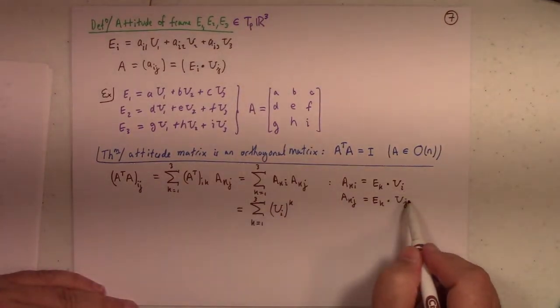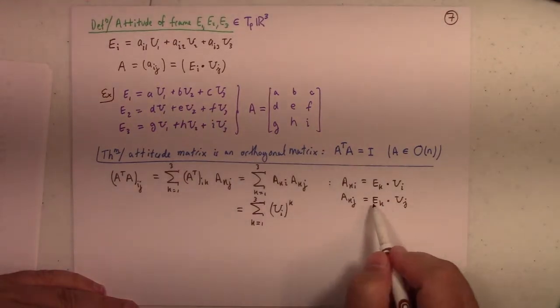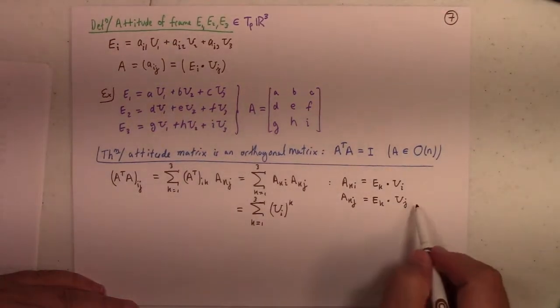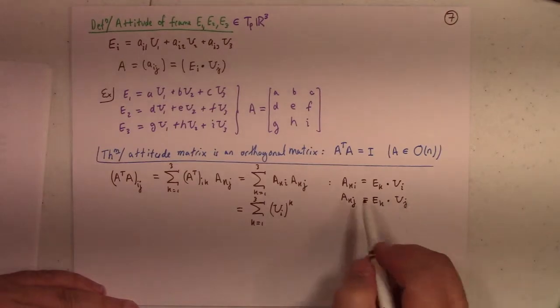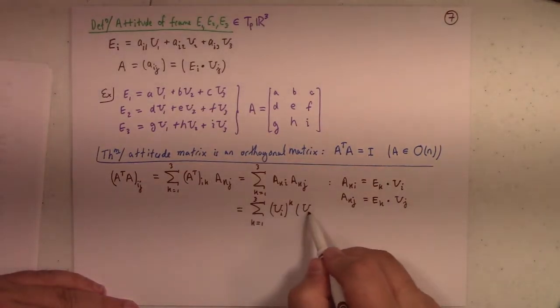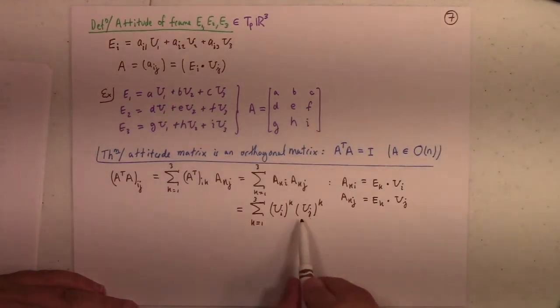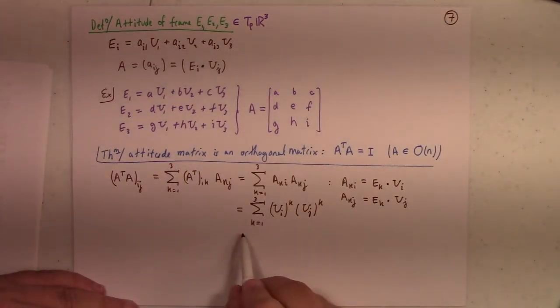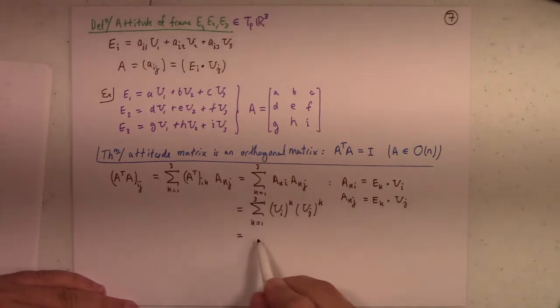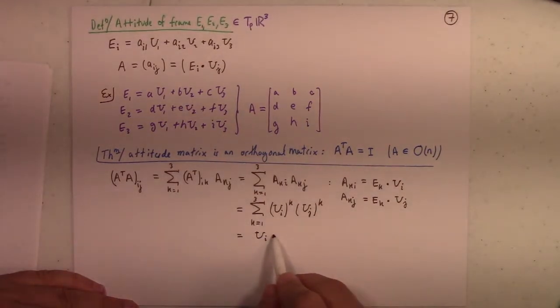With respect to the E frame, this is the kth component of what? Of U_j, right? So if you use that theorem we proved in the last little bit, this is exactly the dot product of U_i and U_j.